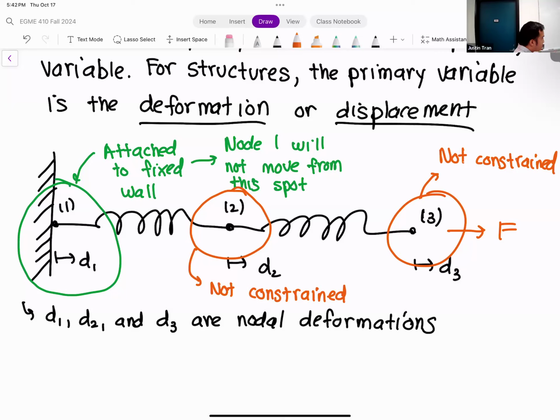All right, so we only have one node here that is going to have its value constrained, and that is node 1.